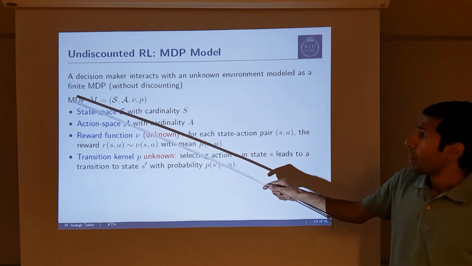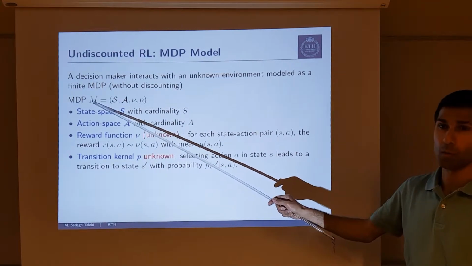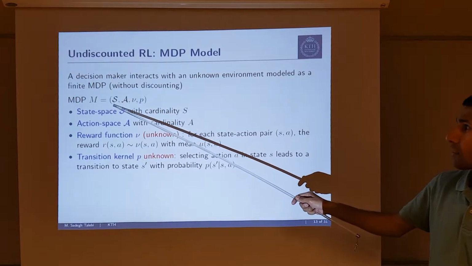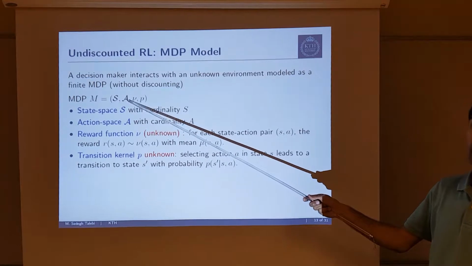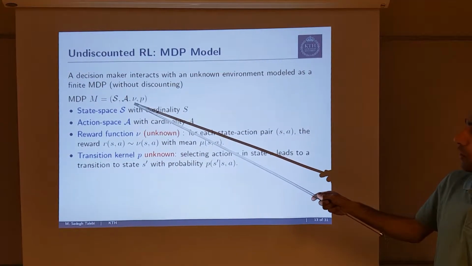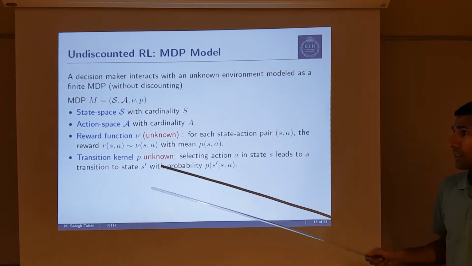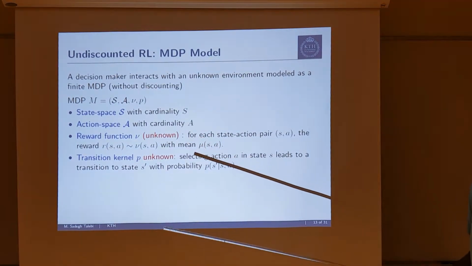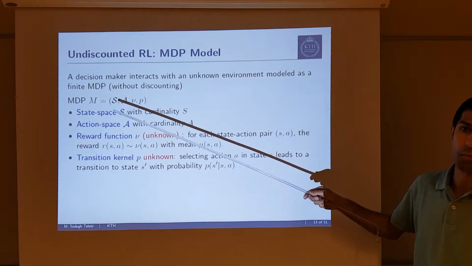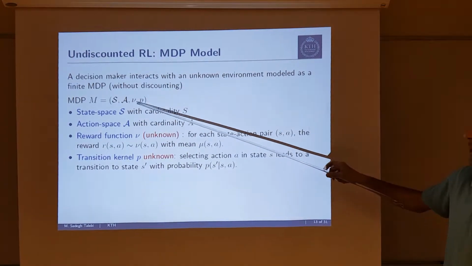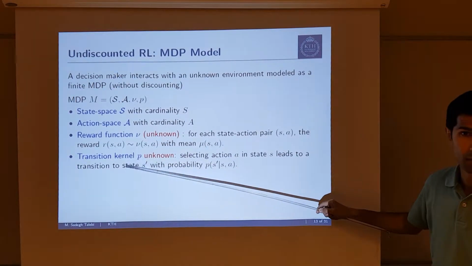A Markov decision process, abbreviated as MDP, is a tuple denoted by M: a state space calligraphic S, an action space calligraphic A, a set of reward functions nu, and a transition kernel P. The reward function and transition kernel are unknown to the decision maker. So, similar to multi-armed bandits or the very general setup, the decision maker knows the state space and action space, but doesn't know the reward function or transition kernel.